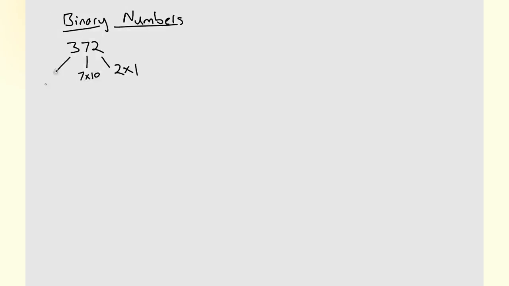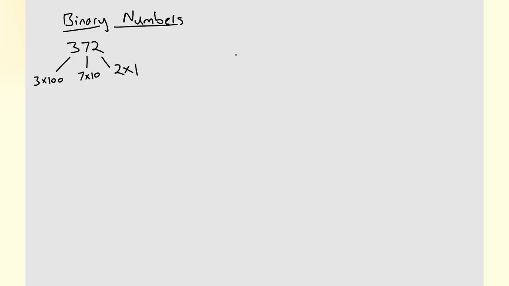And this bit is 3 times 100. So this is the decimal system based on tens. The rightmost number tells you how many ones you've got, then how many tens, then how many lots of 10 times 10, then 10 times 10 times 10, then 10 to the power of 5, and so on.